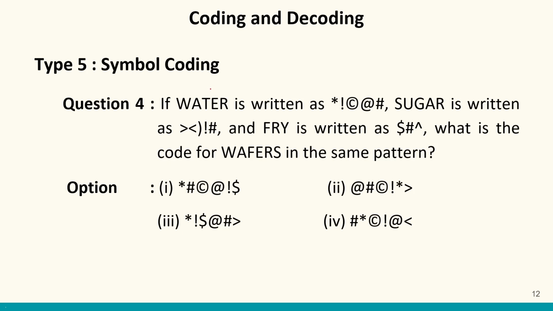So let us look at this question, which is question number 4. If water is coded as this, sugar is coded as this, and fry is coded as this, what is the code for wafers? So let us start by writing them one beneath the other to confirm if they are in sequence or jumbled up.